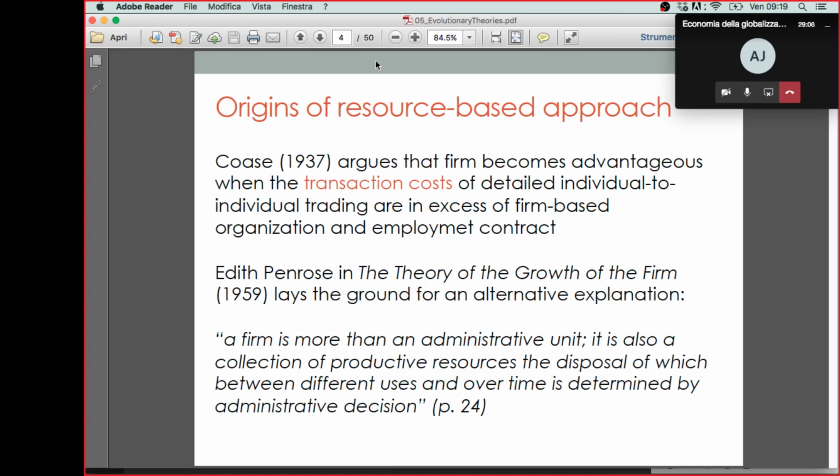Meaning, basically, as we know, when the transaction cost of using the market is larger than the transaction cost associated with organizing activities via managerial command.